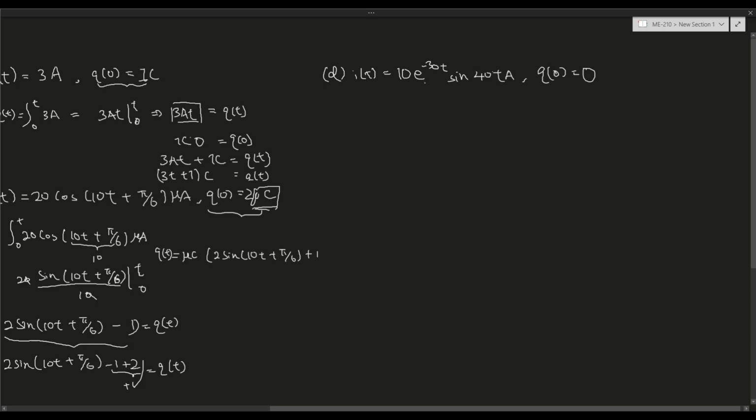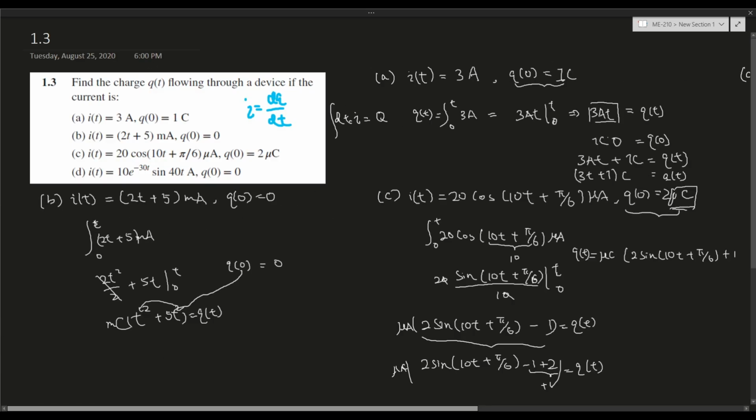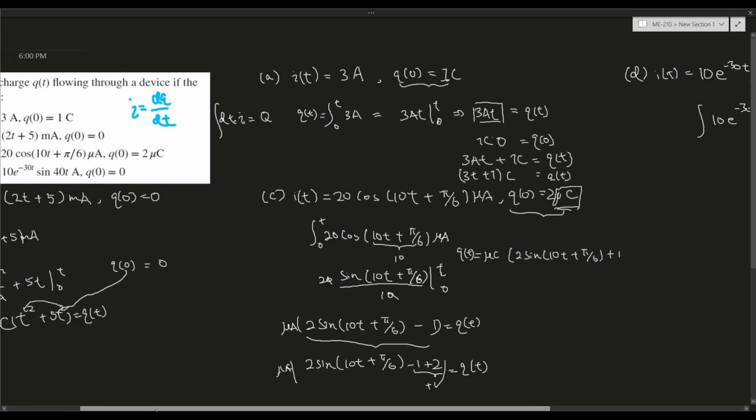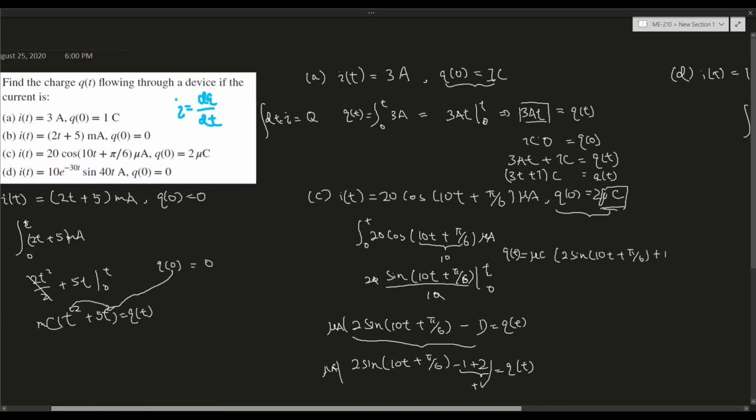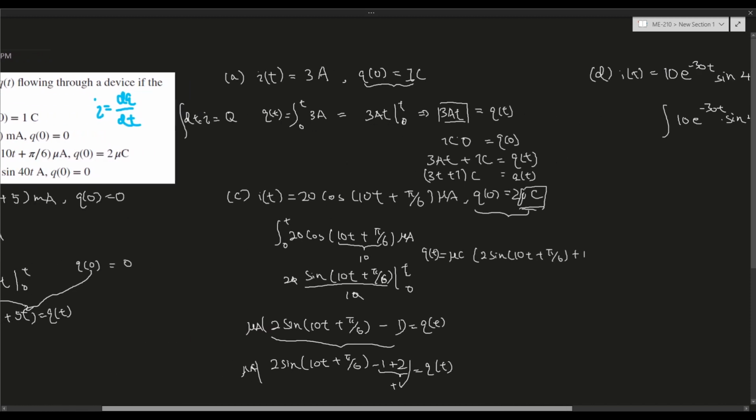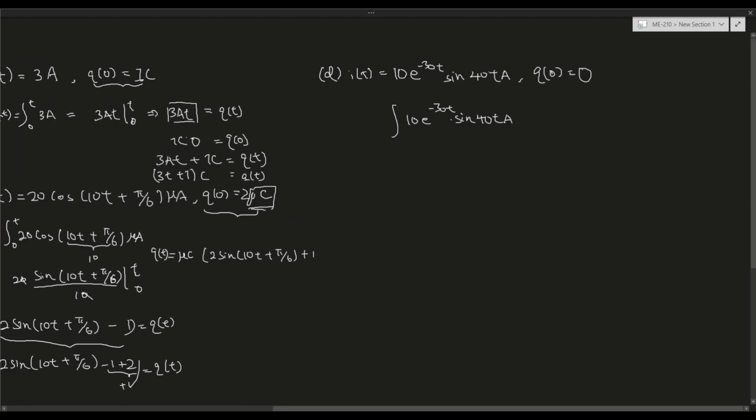Okay, so in the beginning, we still take the integral of 10 times e to the power of negative 30t times sine of 40t ampere, right? I believe this is a times the entire thing, no, just that. Fantastic. Well, a is a constant.